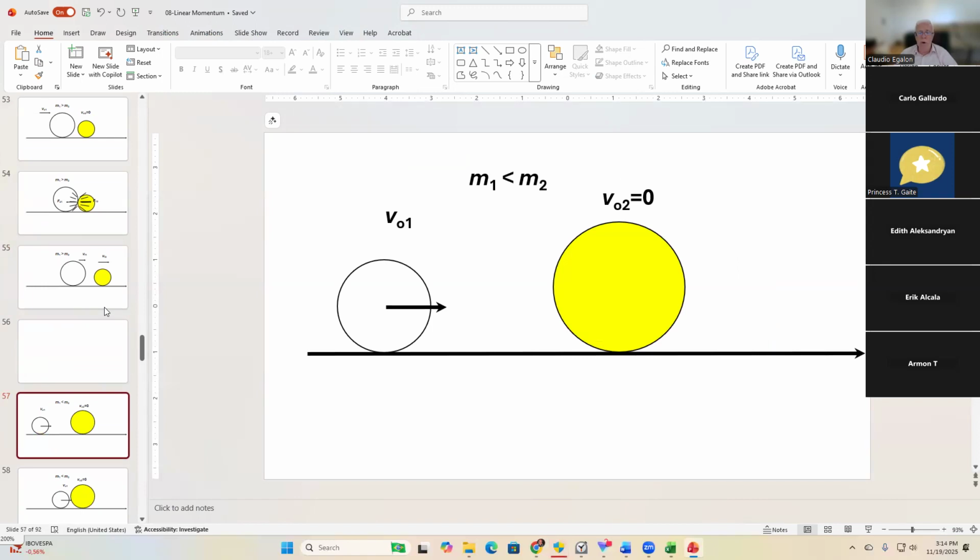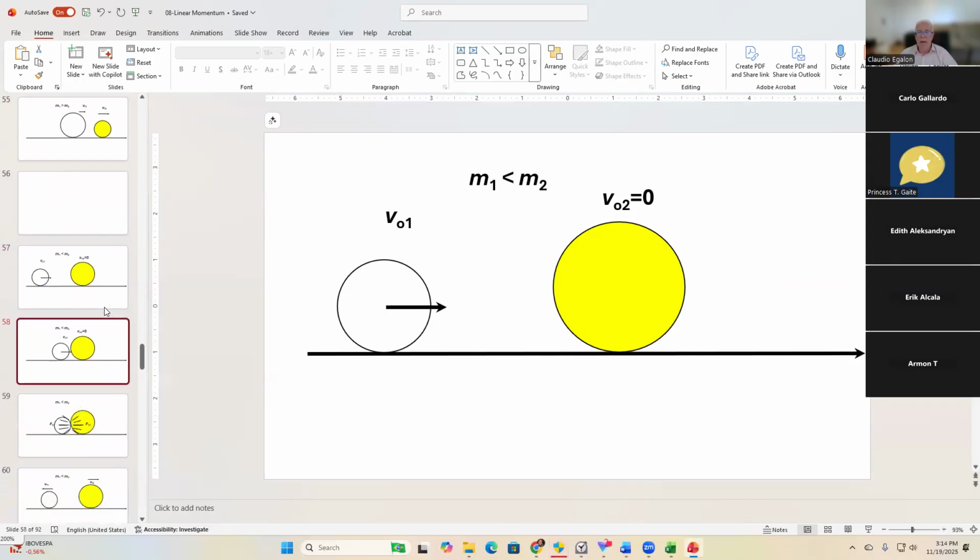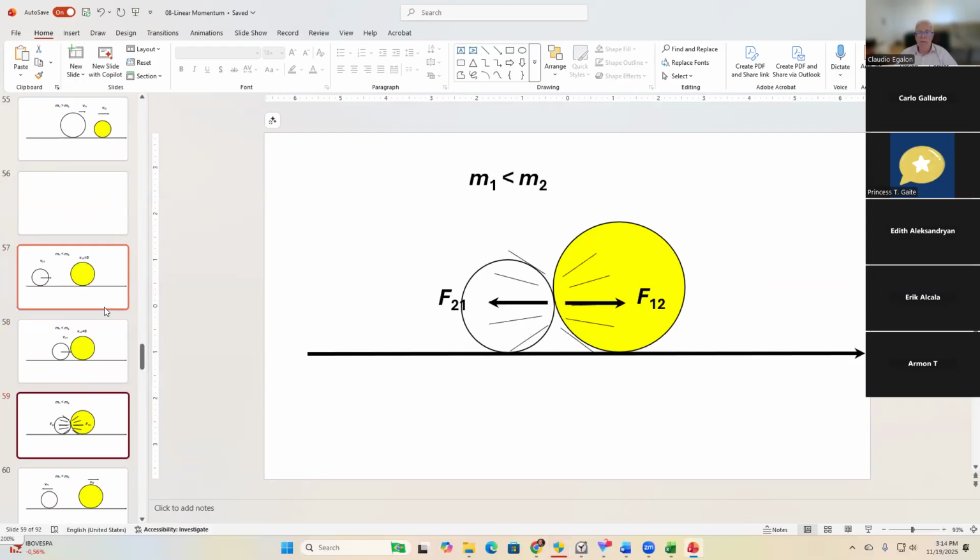Something similar happens to a smaller mass that's colliding with a larger mass that's at rest, right? So what's going to happen? Here you go. The smaller mass approaches the larger mass. We have the same force acting on both of them.